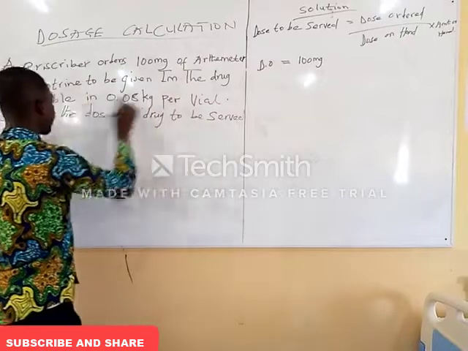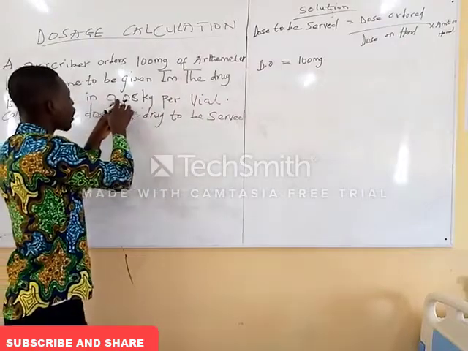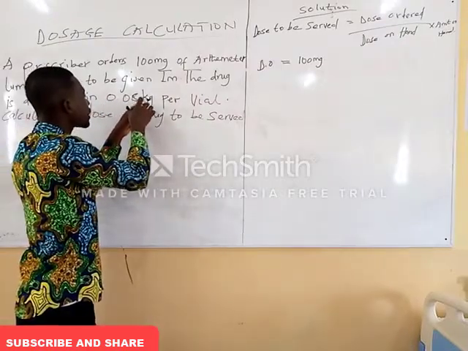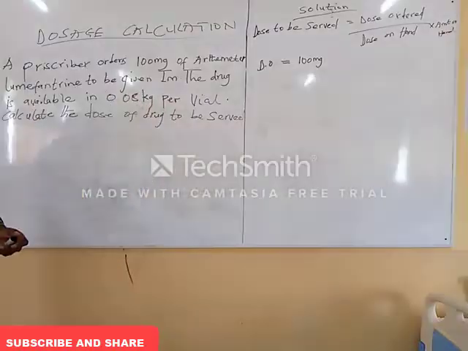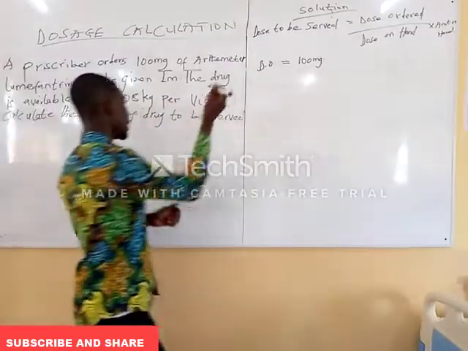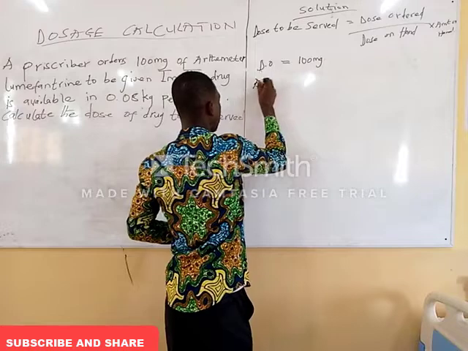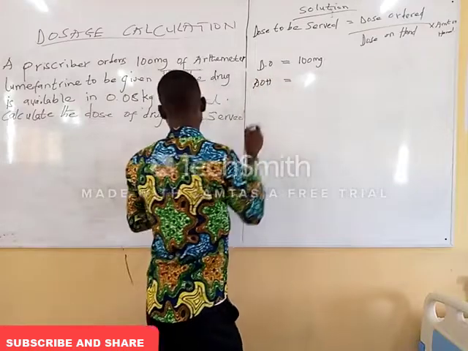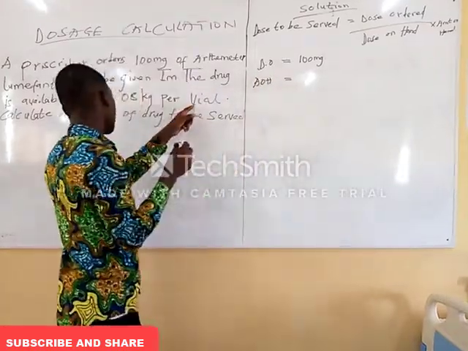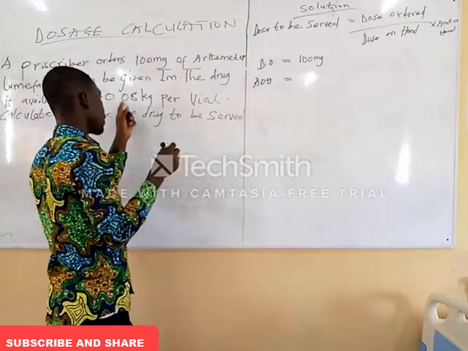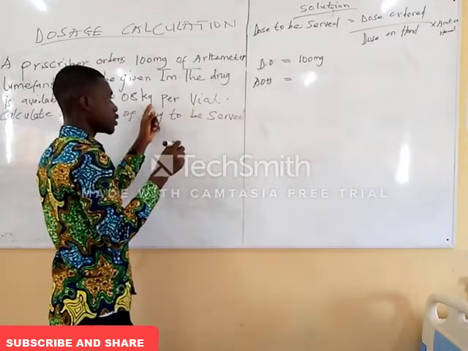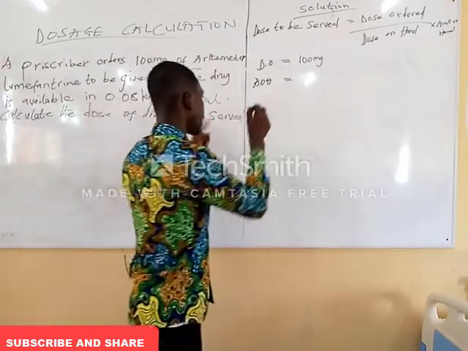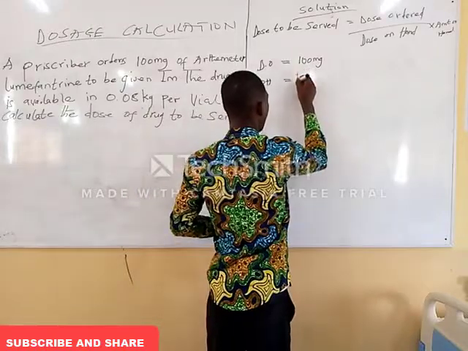The drug is available in 0.08 kg per vial. So the amount on hand, because each vial contains 0.08 kg, means here is one vial.